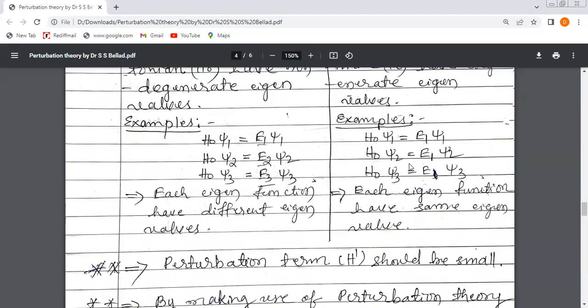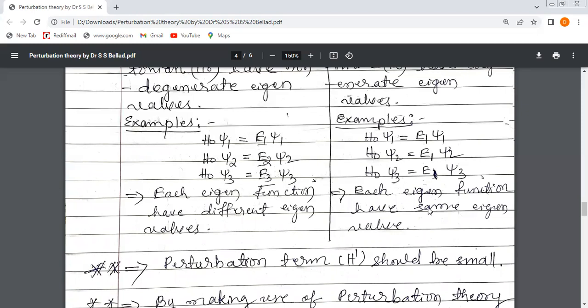This is the time independent Schrodinger equation. H0 psi 1 is equal to E1 psi 1. H0 psi 2 is equal to E1 psi 2. H0 psi 3 is equal to E1 psi 3. So different eigenfunctions have the same eigenvalue. Different eigenfunctions, psi 1, psi 2, psi 3, have the same eigenvalues, E1, E1, E1, and hence this is the case of degeneracy.